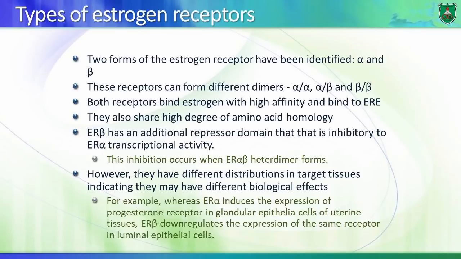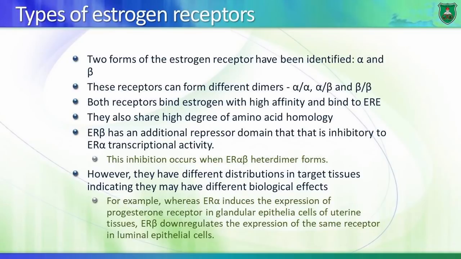Sometimes the expression of the alpha and the beta receptors is cell-specific. So some cells can produce alpha, others can produce beta, and you have a third type that can produce both of them. So you can have the formation of heterodimers in these cells.